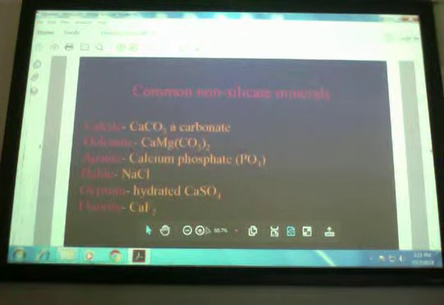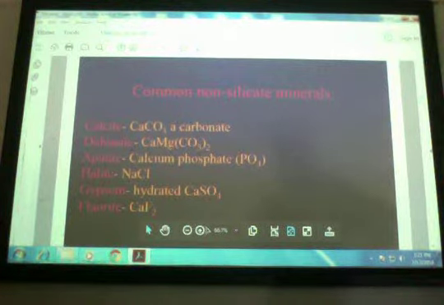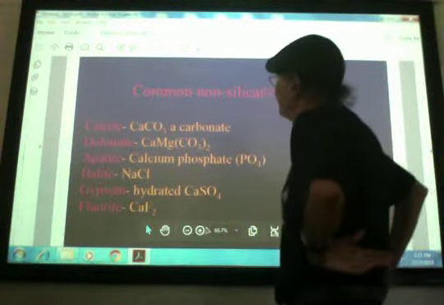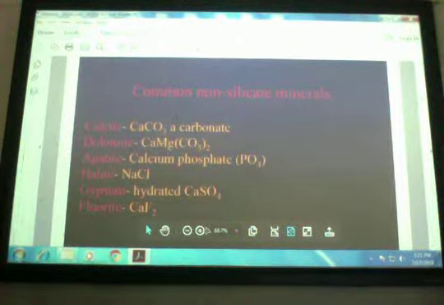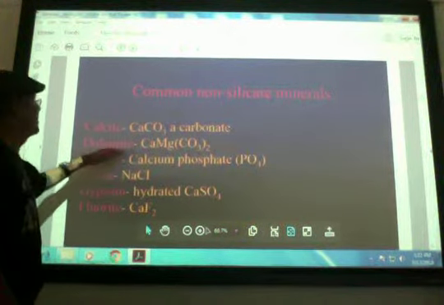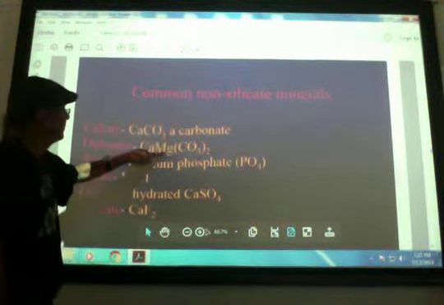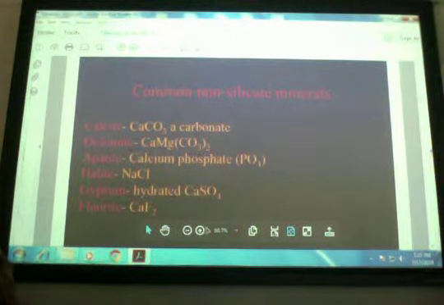So now we have common non-silicate minerals. Then we have the calcite, CaCO3, as a common carbonate, yeah. We have another carbonate that is the dolomite, with magnesium inside.